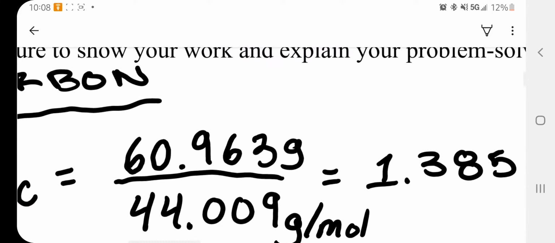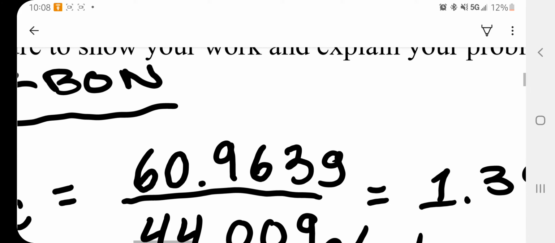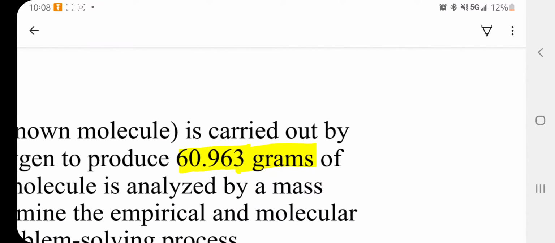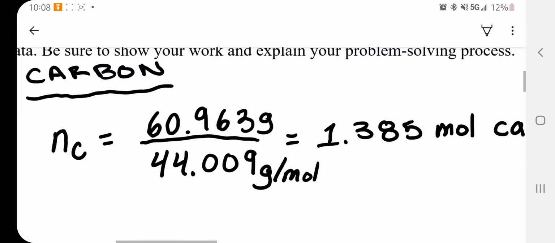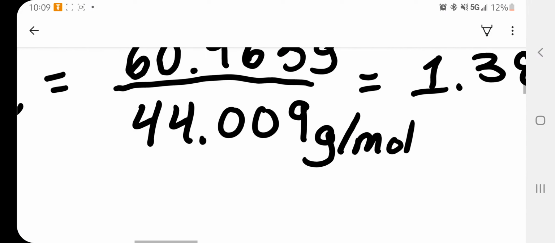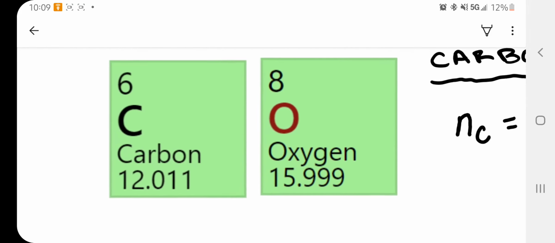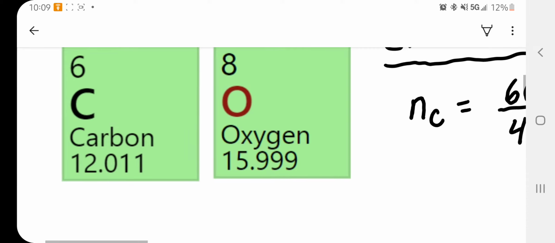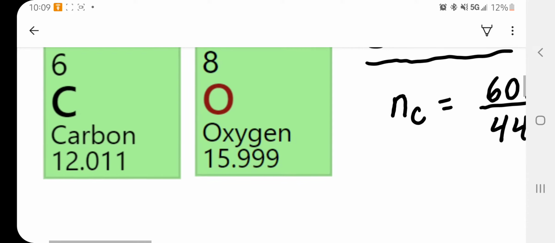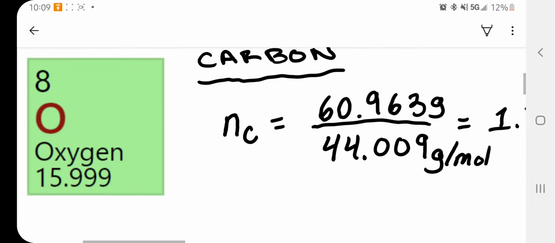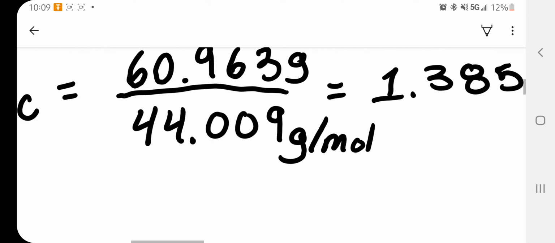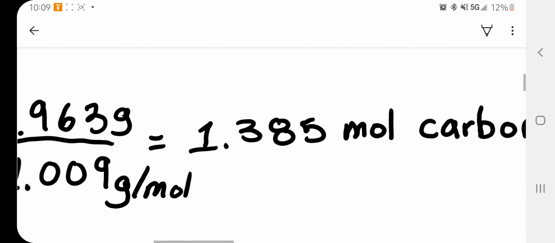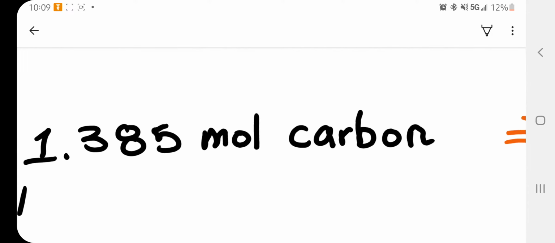In the case of carbon, we take 60.963, which is given to us in the problem, and divide by the molar mass, which can be found by referencing the periodic table. In this case, it'll be 12.001 plus 15 times 2, which is 44.09. Dividing this, we get 1.385 moles of carbon.